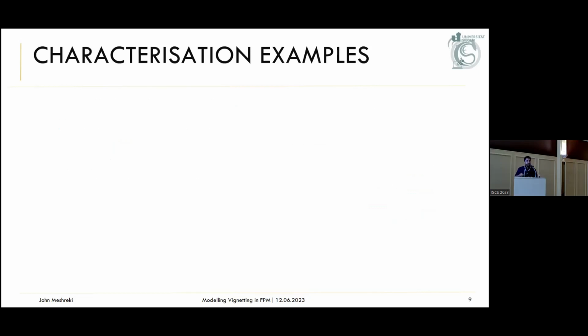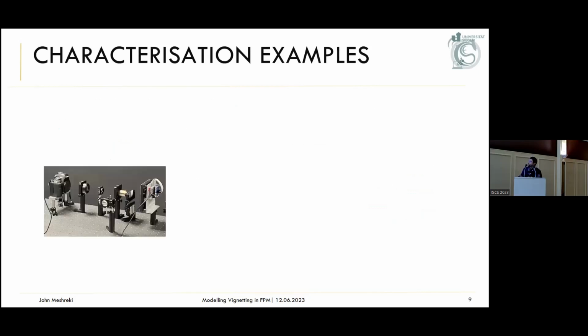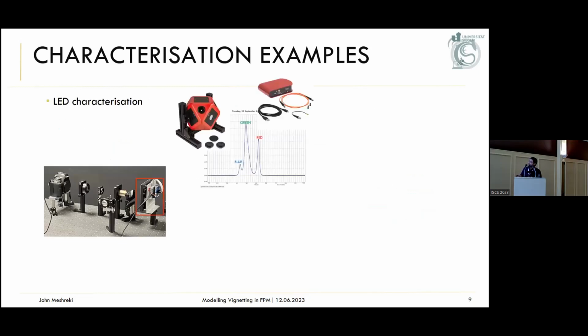So just an example of this kind of characterization. Here is our measurement benchmark, where we try to characterize the different components. Starting with the LED characterization, we're interested not only in the central wavelengths, but we would also like to get the optical bandwidth.